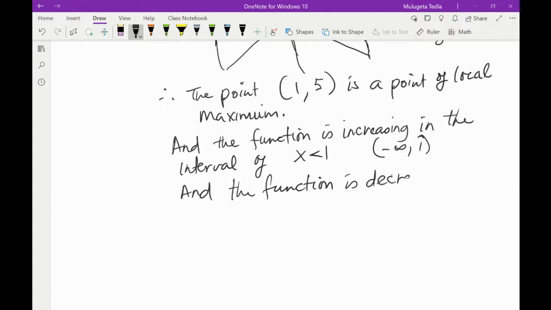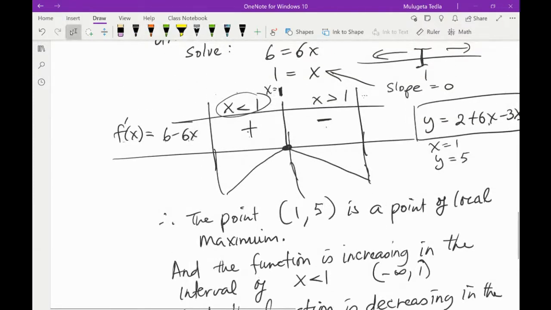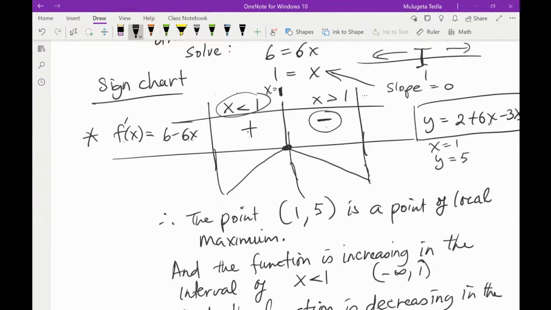decreasing. Where is the slope negative from the chart? Decreasing in the interval. See, in our chart here, let me call it sign chart, because I am deciding based on the sign of the slope. This is the slope, the derivative, and it has negative sign.